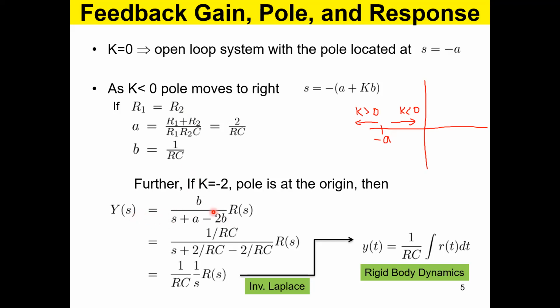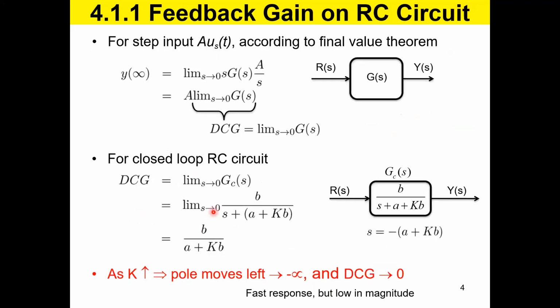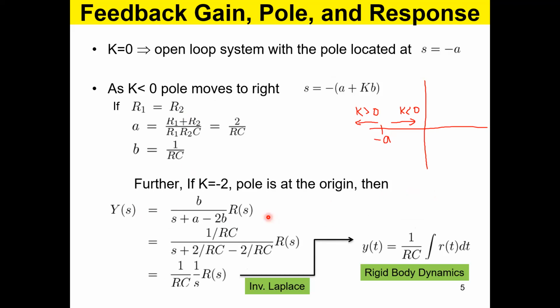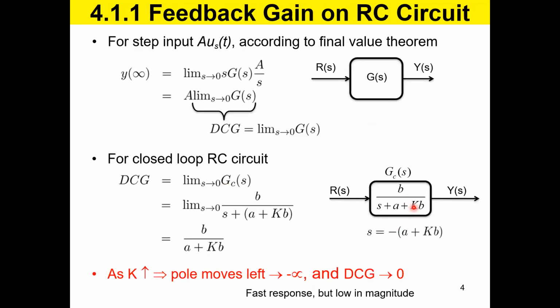Remember our transfer function? This is B over s plus A plus KB, Y(s) over R(s). So B over s plus A minus 2B now, because K is minus 2. So you replace K over here with minus 2.